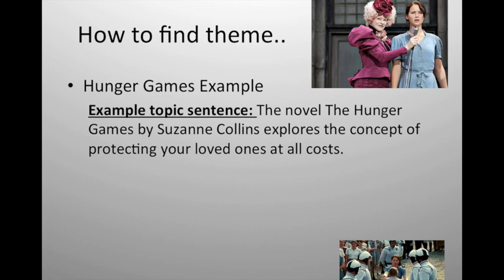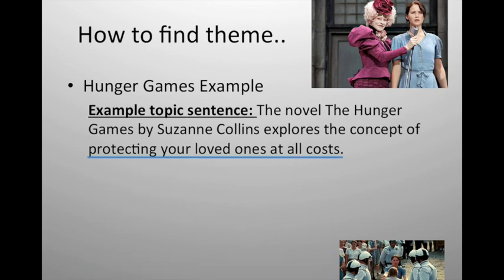So more on how to find theme. I'm using Hunger Games because I feel like it's maybe one that a lot of us have read or have at least seen the movie. Example topic sentence: The novel The Hunger Games by Suzanne Collins explores the concept of protecting your loved ones at all cost. So I'm going beyond the small world of the story of District 12, District whatever, and I'm going to the real world and how I can interpret that for my own life.